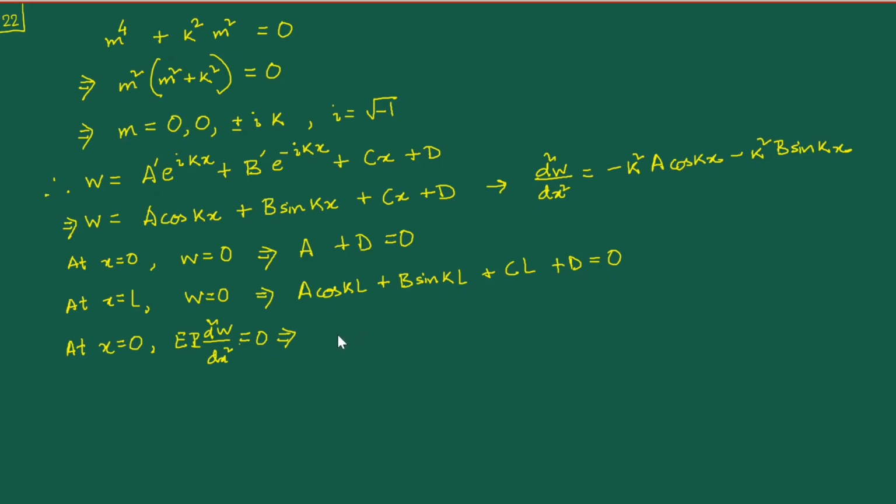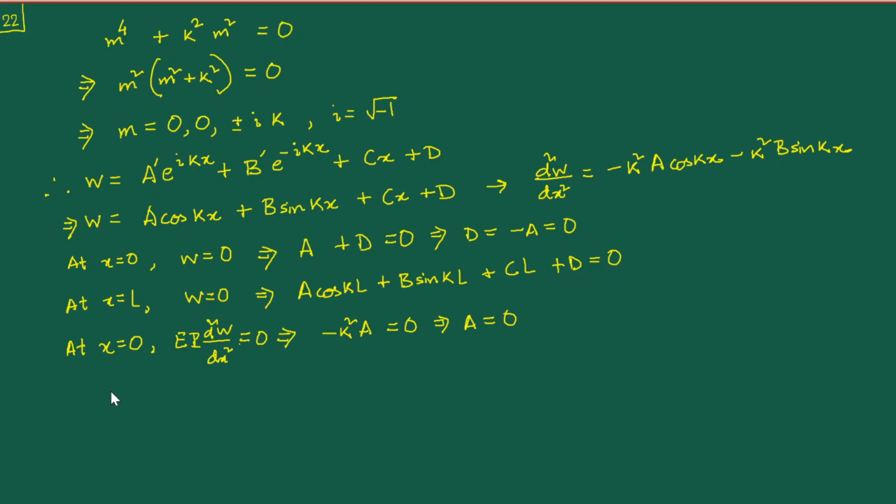So this is just going to give me minus k squared a times cos k0, which is 1, and the other term is just going to give me 0. The whole term is 0 because sin k0 is 0. So this implies that a is equal to 0. Now the moment we have a equal to 0, we can go back here and say that d is equal to minus a, which is also equal to 0.